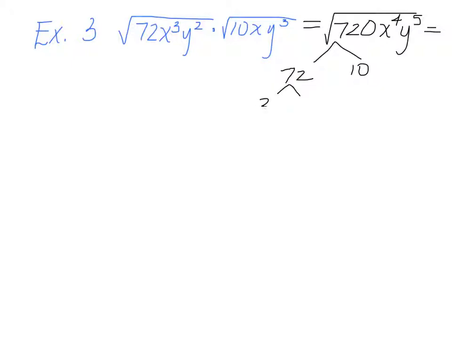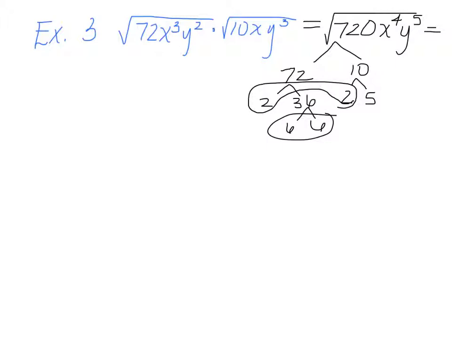And then this will be 2 and 36, 6 and 6. And this will be 2 and 5. So here I got a group of 2's. And then this one I have a group of 2's. And then 6 times 2 is 36.